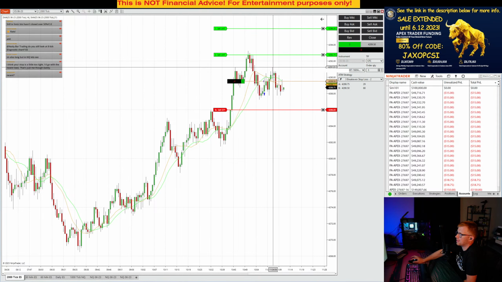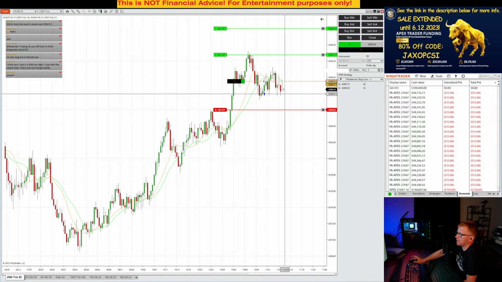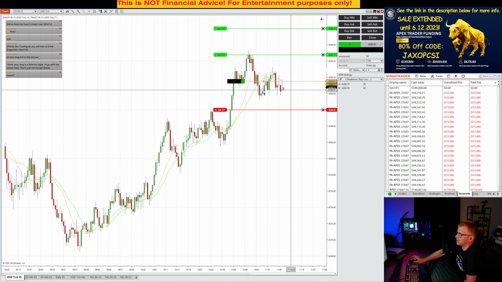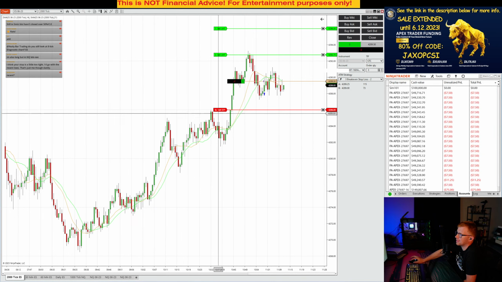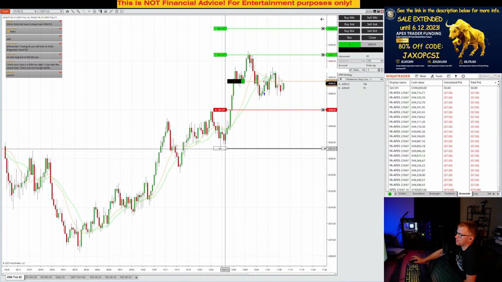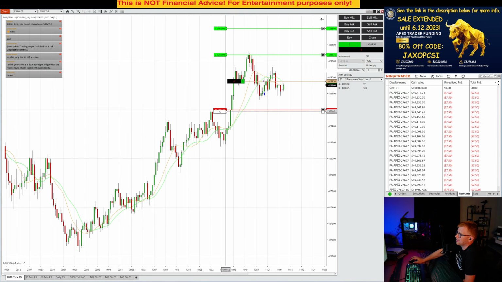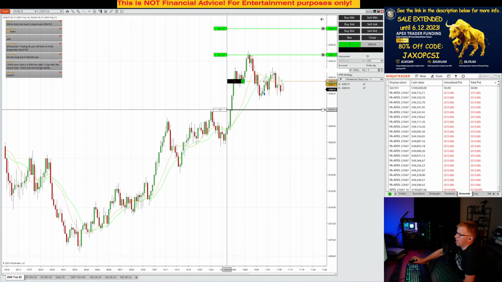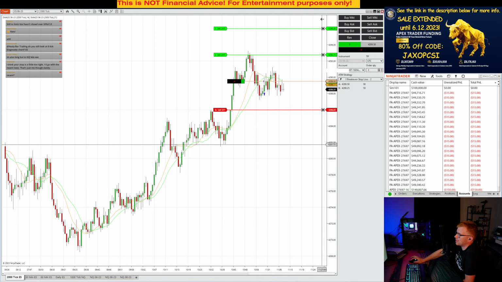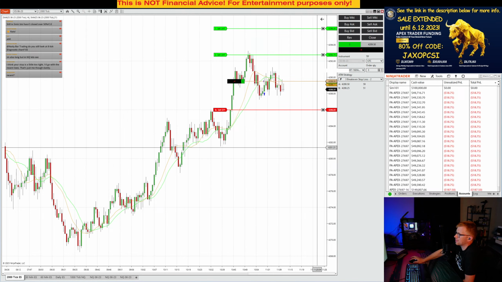We keep making lower high, lower high, lower high. That's a 30 tick stop. That's insane. I'm not saying it's wrong. It would definitely be giving it enough room, I feel like.